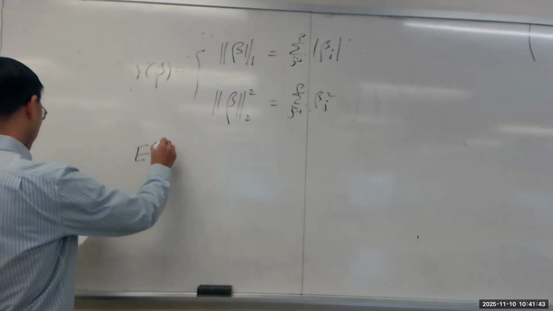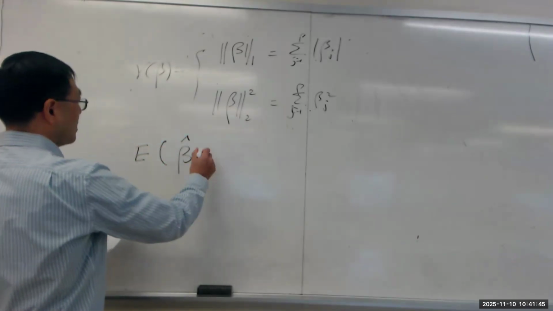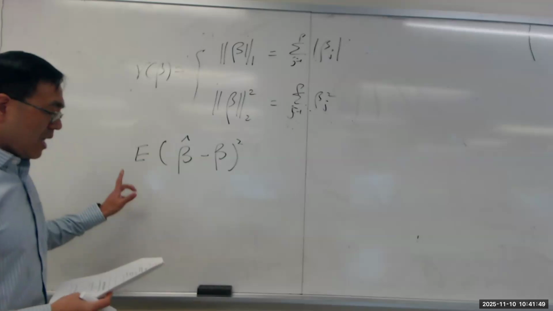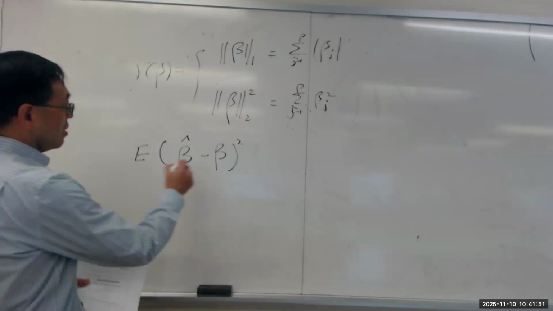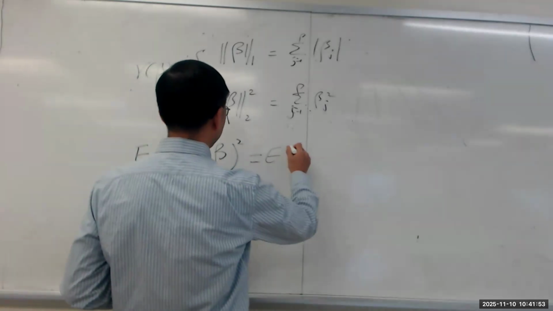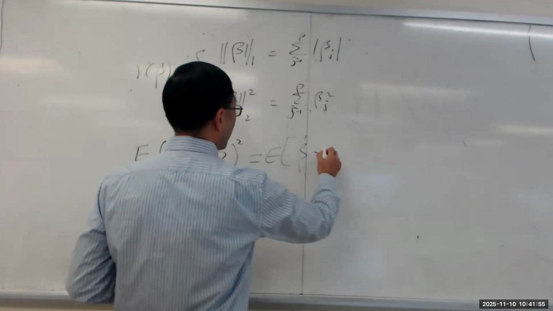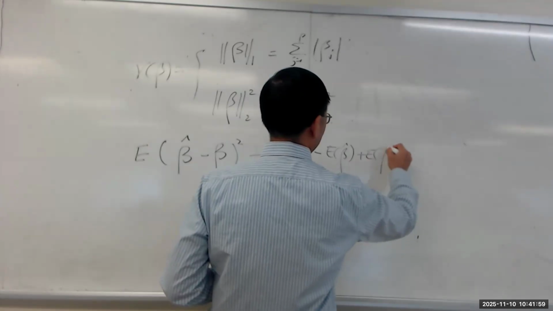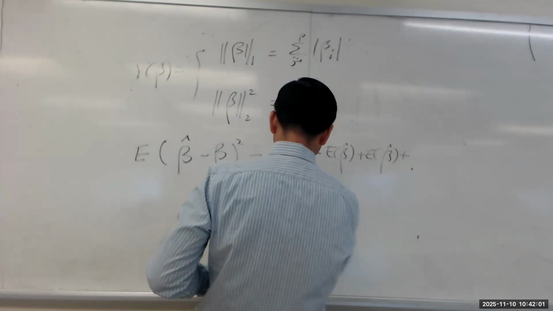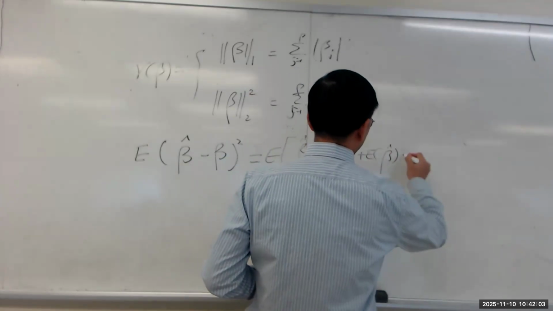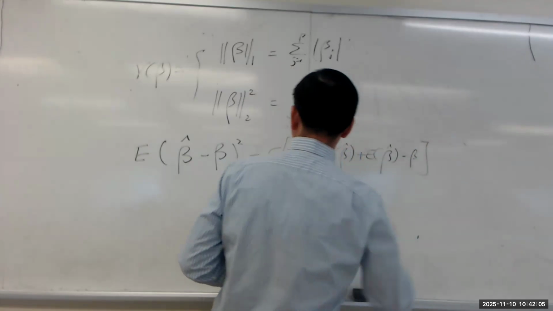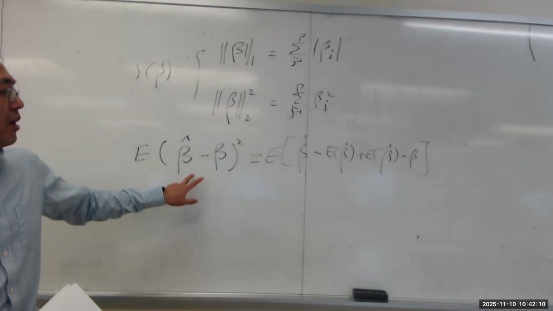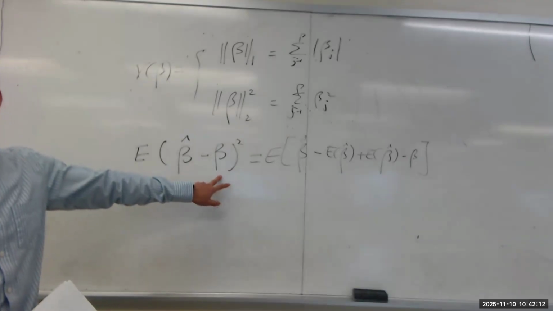If you look at the expectation of your beta hat, which is the estimation, minus the beta, which is the true beta, this term can be written as expectation of beta hat minus expectation of beta hat plus expectation of beta hat minus beta. Beta hat is your estimation, and beta is your true value.